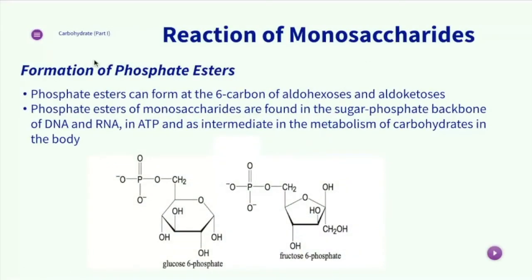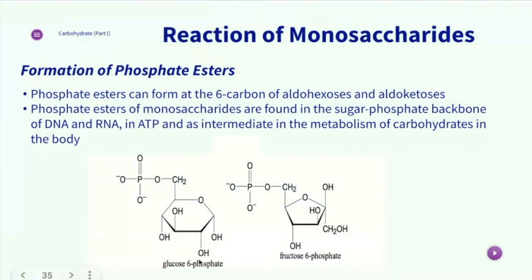Okay. How about the formation of the phosphate ester? It can form at the six carbon of aldohexose and also ketohexose. The phosphate esters of monosaccharides are found in the sugar phosphate backbone in DNA and RNA, also in ATP, and as intermediates in the metabolism of carbohydrate in the body.